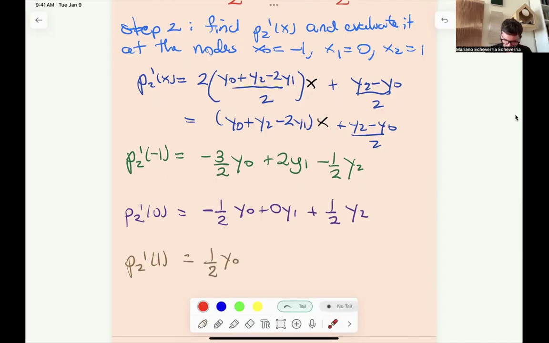Then what has a y1? The only thing with y1 is this, but now x equals 1. So you get -2y1. And what has a y2? This has a y2 and y2 over 2. Okay, when you add them, you get 3/2 of y2.